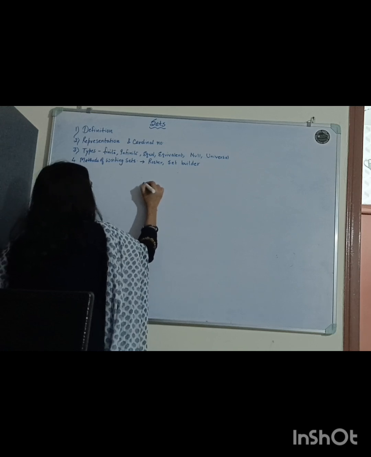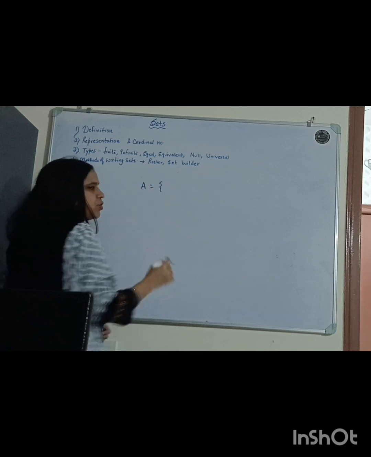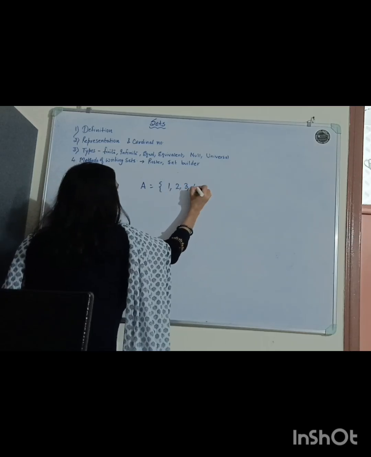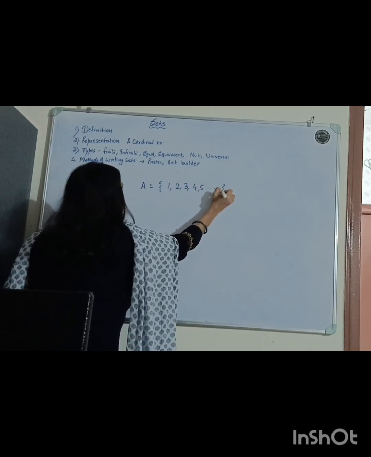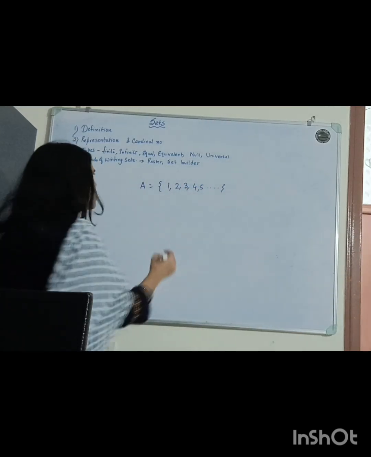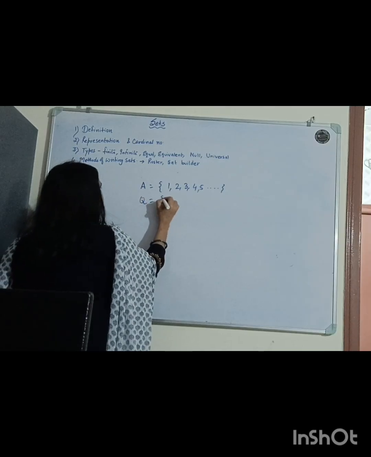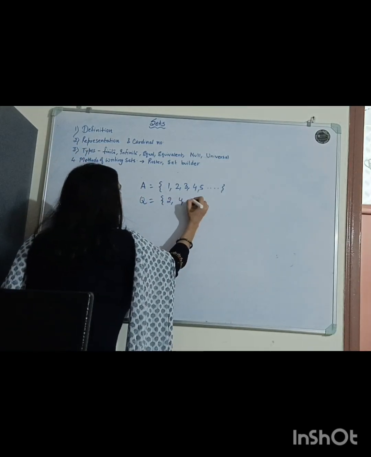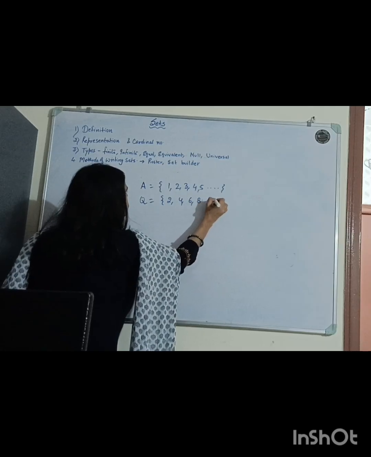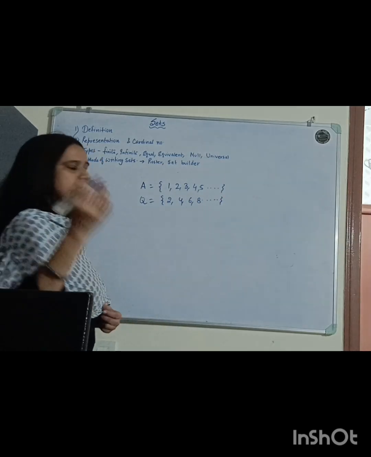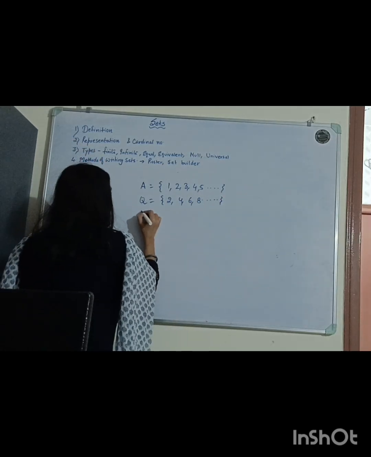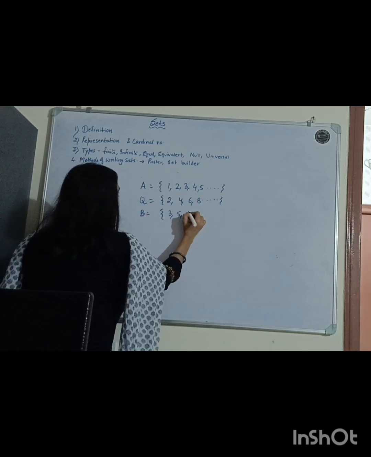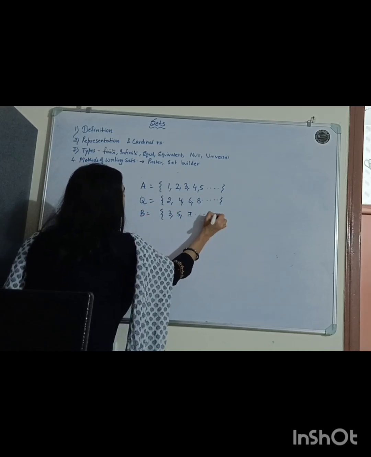So how will we write it? Suppose the set equals the collection of all natural numbers. We can write 1, 2, 3, 4, 5 like this. Again I will say the set of all even numbers: 2, 4, 6, 8, endless. Now the collection of odd numbers.